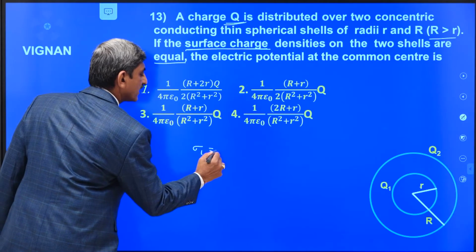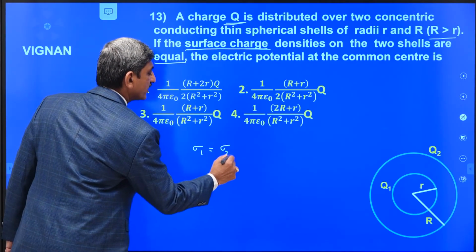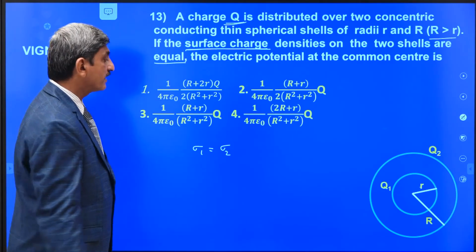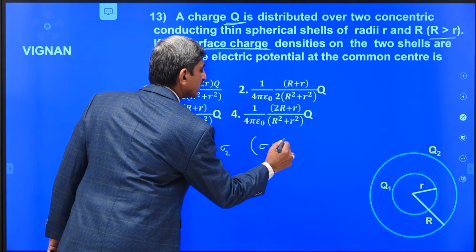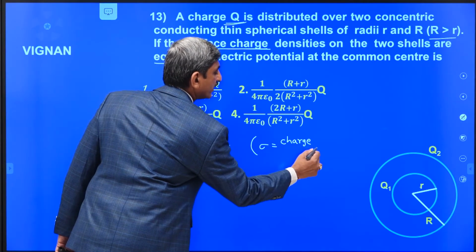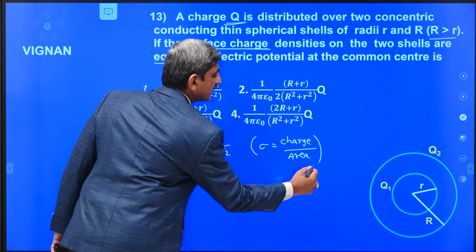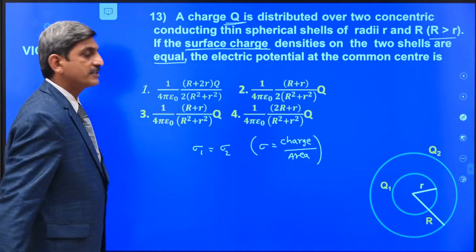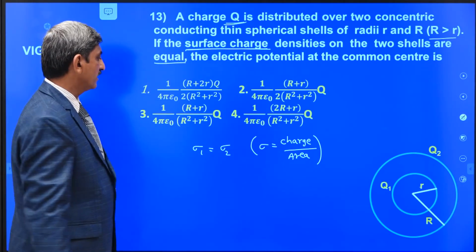That means the surface charge density of the inner shell is equal to the surface charge density of the outer shell. What is meant by the surface charge density? The surface charge density is defined as the charge distributed per unit area. That's why, by knowing the total charge present and the total area of the surface, the charge density can be determined by the formula charge by area.